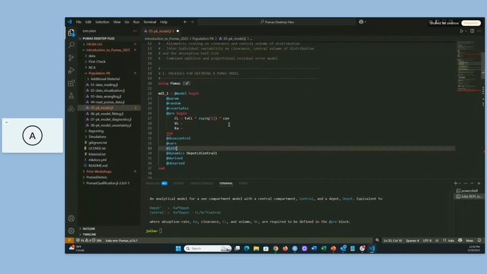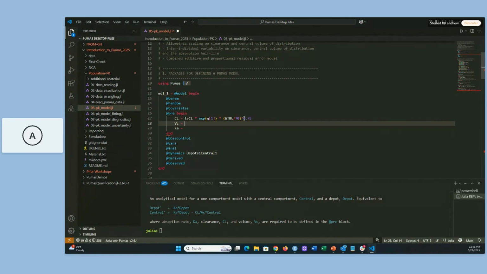And while we're not going to have a particular covariate effect, let's apply an allometric scaling kind of component onto this. So if we had our baseline body weight, we'll normalize this to a 70 kilogram person, again assuming that baseline body weight is going to be in kilograms. And if you already know what that allometric exponent is, for clearance, a very common estimate is going to be starting at 0.75 for clearance and 1 for volume.